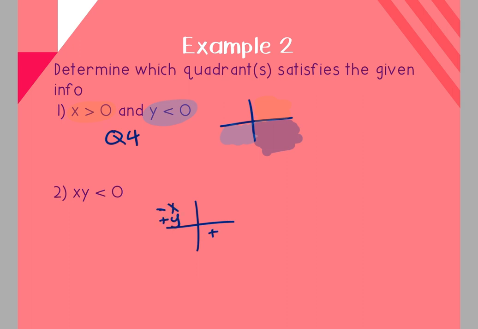And 4, where it's a positive x and a negative y. Sometimes it's just 1 quadrant, sometimes it's 2, sometimes it's all of them.